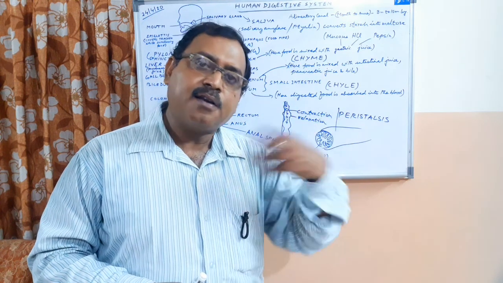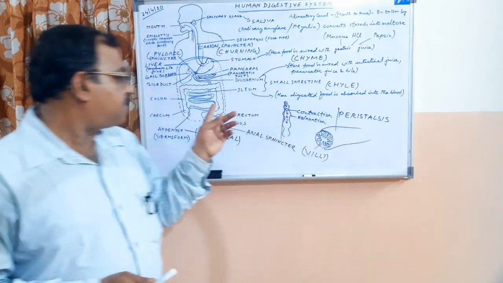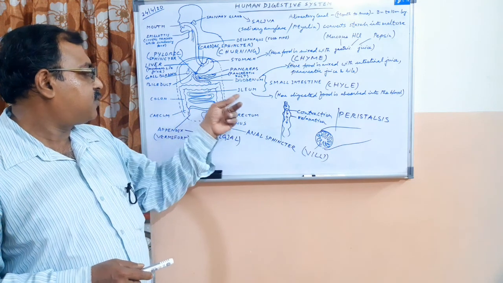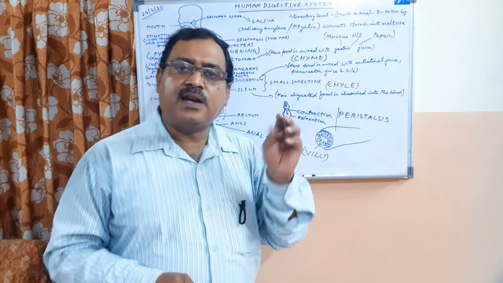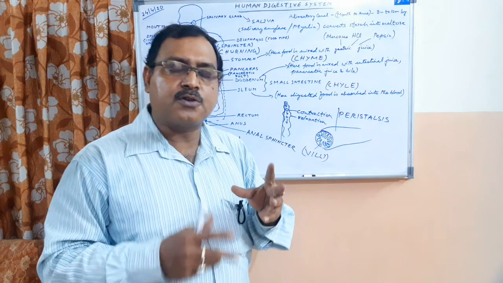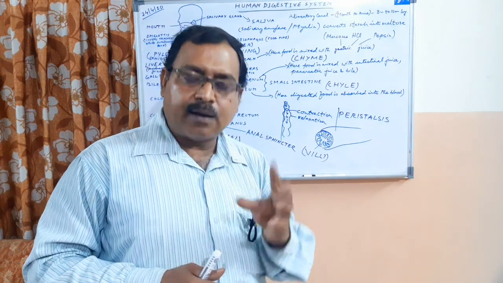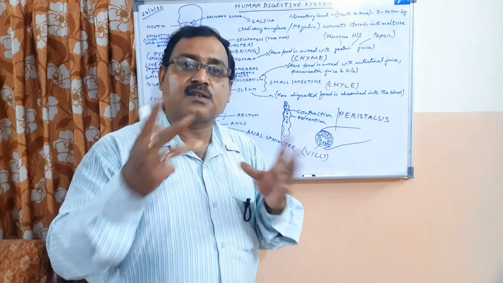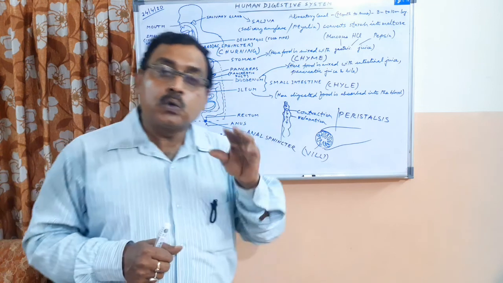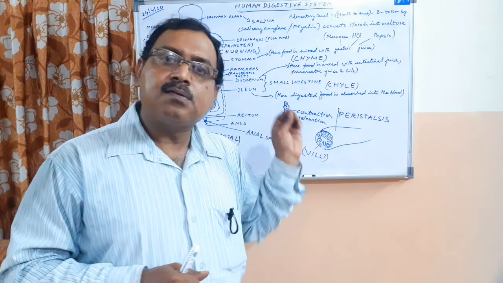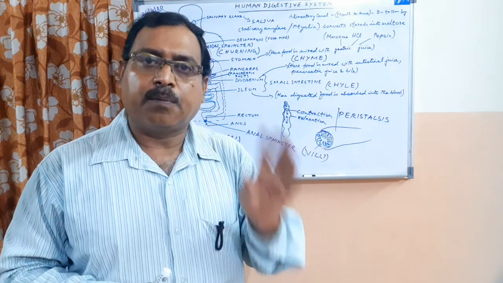Now they are ready for absorption. This absorption is done in the later part of the small intestine, which is called the ileum. Inside the ileum, I told you, finger-like projections called villi are found. Numerous finger-like projections arise from the inner wall of the small intestine. That increases the surface area for absorbing the food, and once the food gets absorbed through the blood, it is passed on to each and every cell of the body.